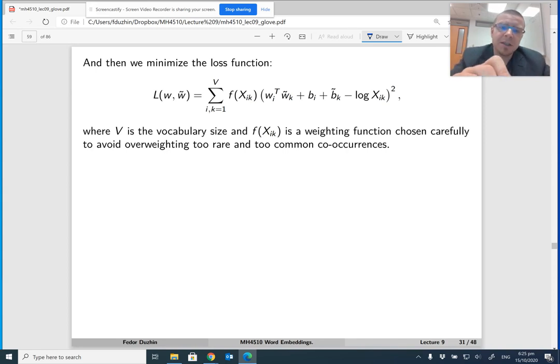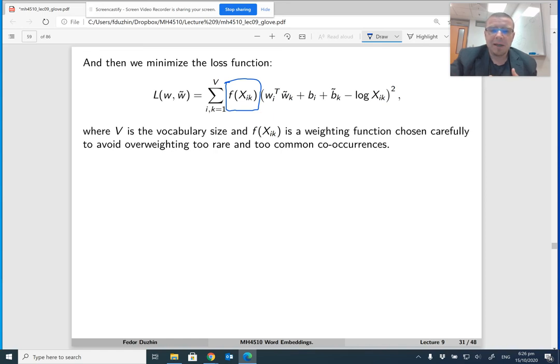The only change is that we're going to minimize not just the sum of squares, but we are going to multiply it by a suitable weighting function chosen carefully to avoid overweighting too rare co-occurrences, right? If two words occurred together only once or twice, then we probably do not give too much weight to this, because it could happen just by chance.